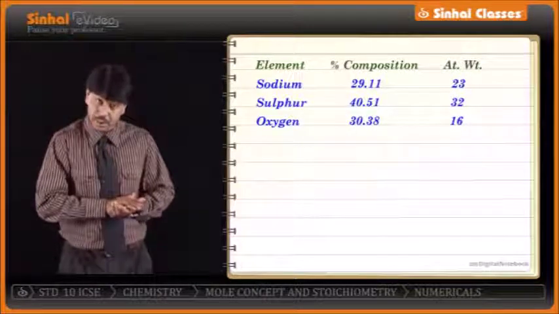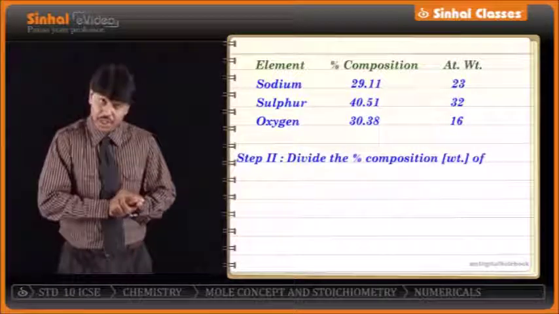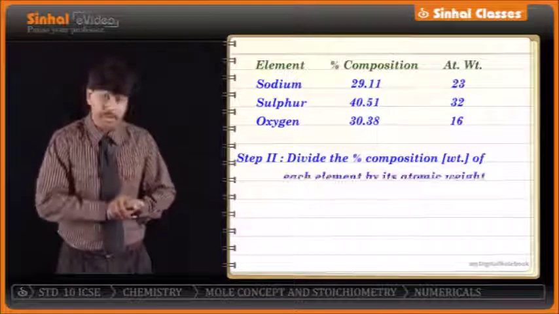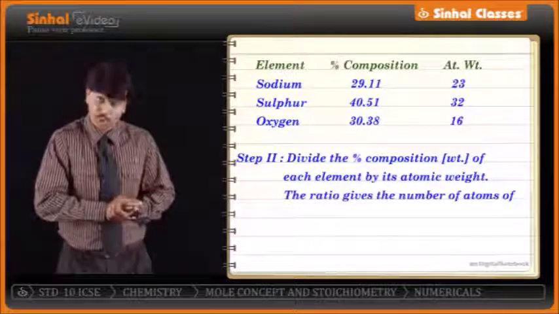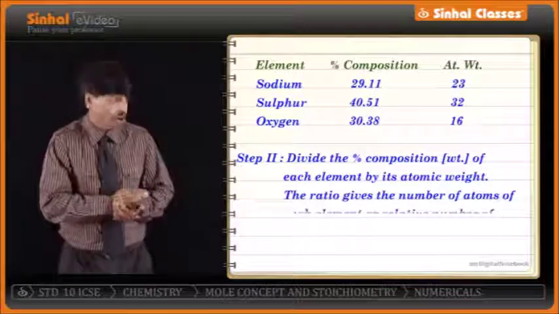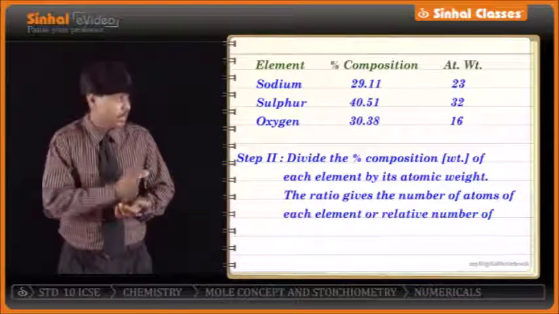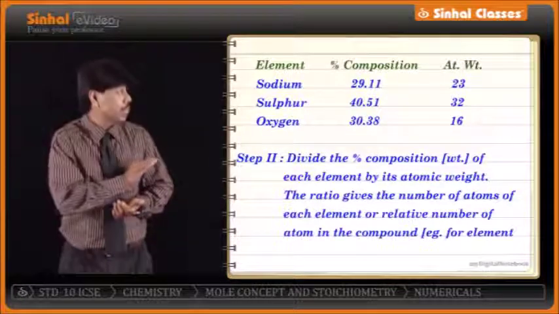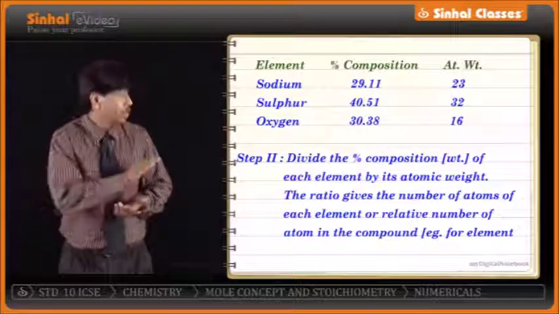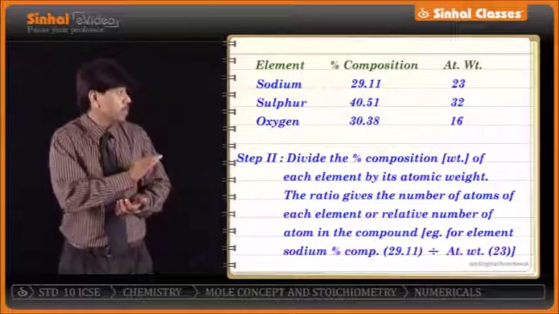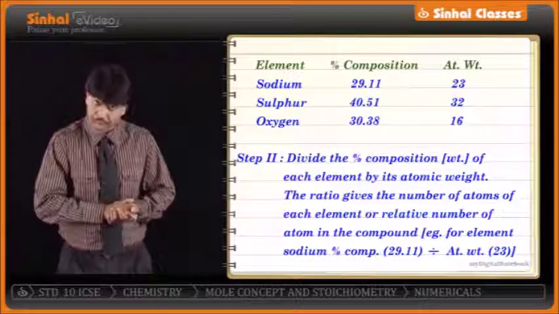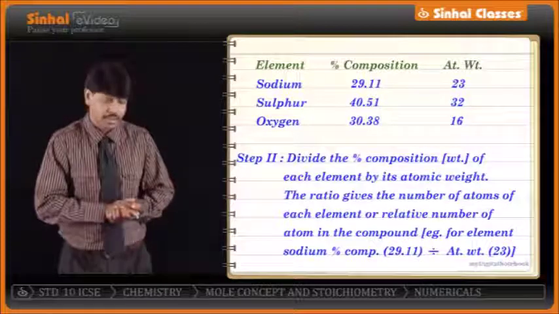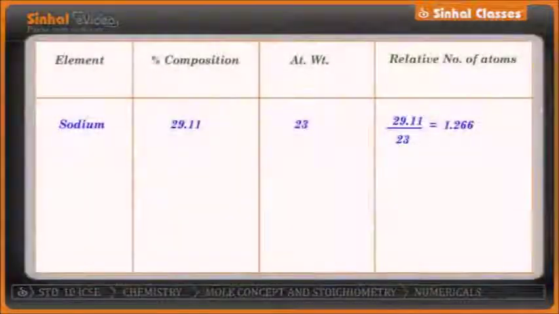Now step number 2. Divide the percentage composition of each element by its atomic weight. The ratio gives you the number of atoms of each element or relative number of atoms in the compound. Example, for the element sodium, percentage composition is 29.11 divided by atomic weight 23. You will get the relative number of atoms, and that is 1.266.